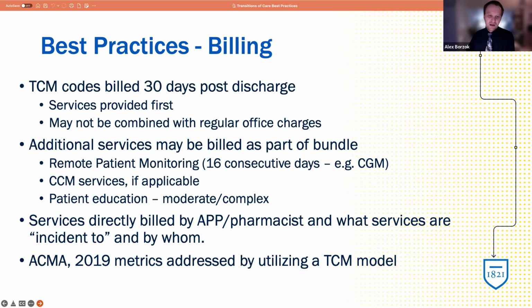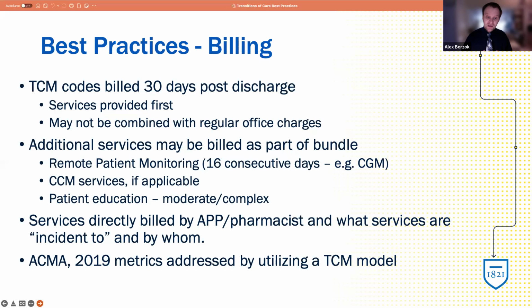Patient education, there are 2 different levels for moderate and high complexity. You can also have billing that is directly billed by your APP or your clinical pharmacist. And then there are also some services that you can bill incident to either your primary care provider, whether they be an APP or an attending, or charges that you can also bill incident to the physician in the office as well.